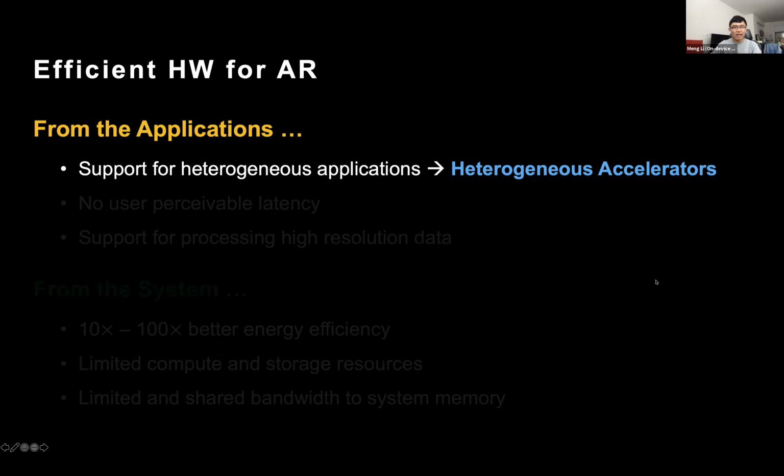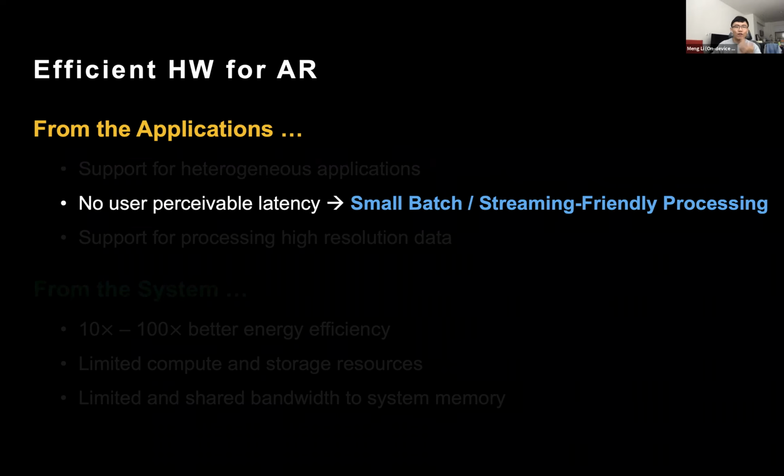So for AR glasses, efficient hardware can help us resolve many of the challenges we have discussed. For example, for heterogeneous applications, we can design heterogeneous accelerators. For a high latency requirement, we can design our accelerator such that it is friendly to small batch or streaming processing.